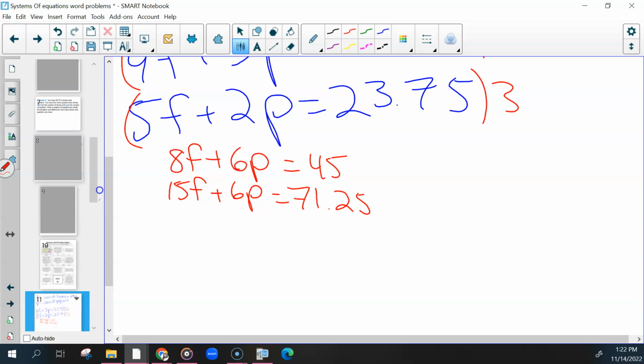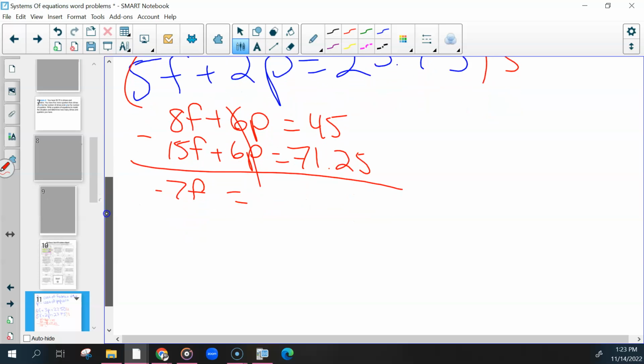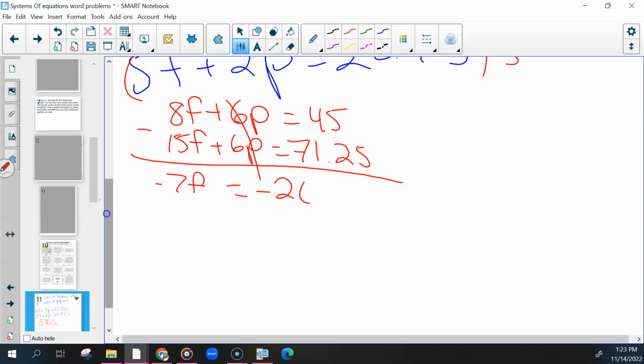To eliminate our P's, what would we do? So if we're subtracting, the P's go away. 8 minus 15 will give us a negative 7F. 45 minus 71.25 would be negative 26.25. Again, double check that.